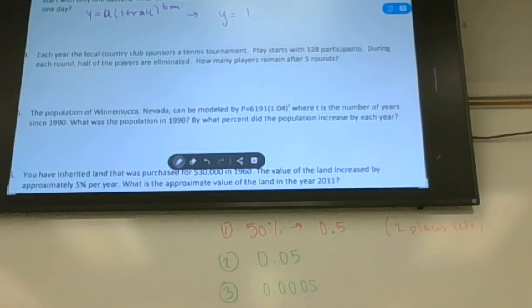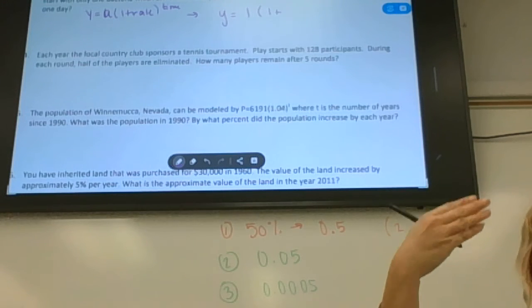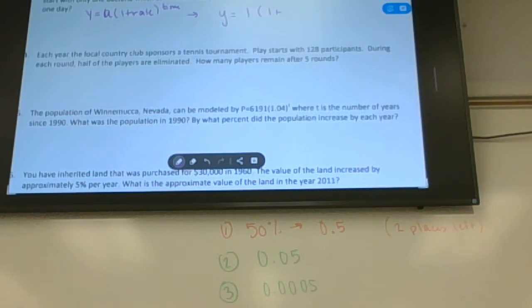All right, so we're starting with 1. When something doubles, it goes up 100%. Doubling is increasing by 100%. So if you had one teacher and your teachers doubled, you'd have 2 teachers.